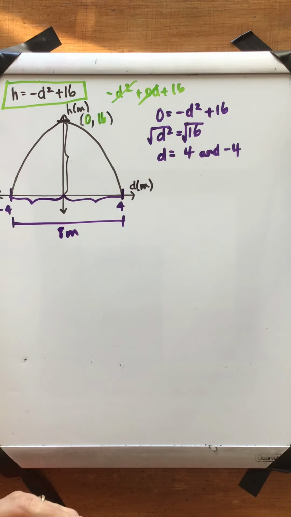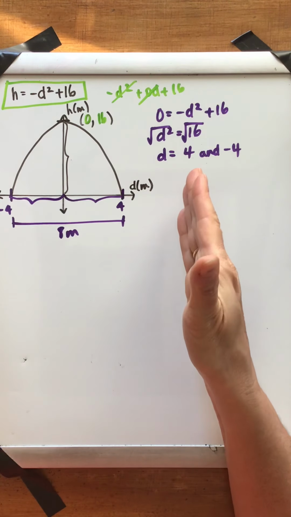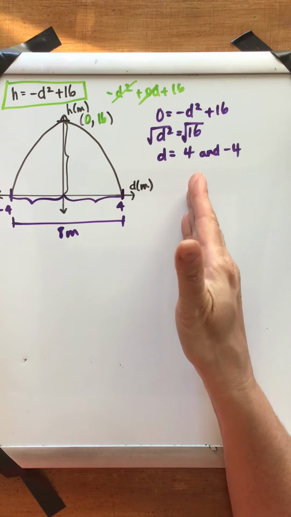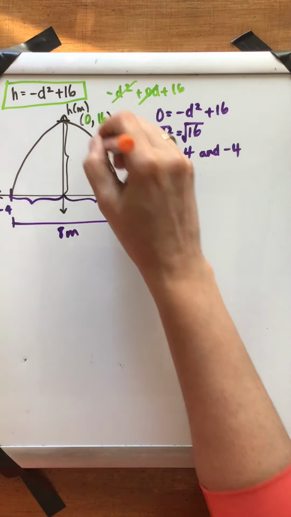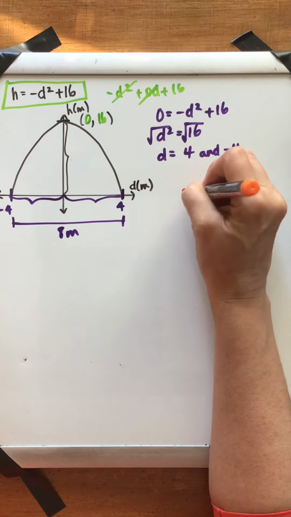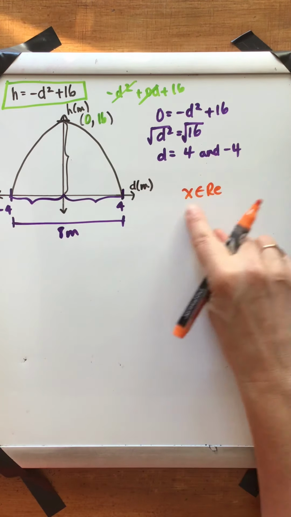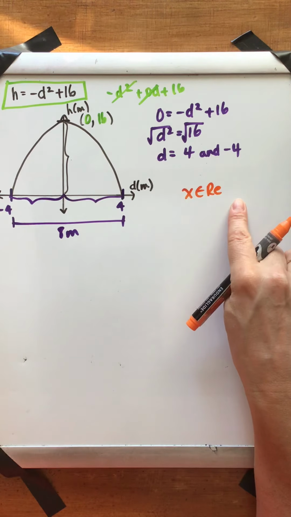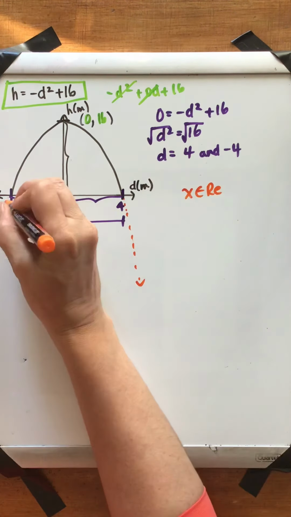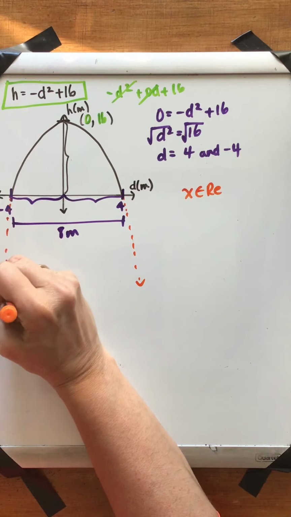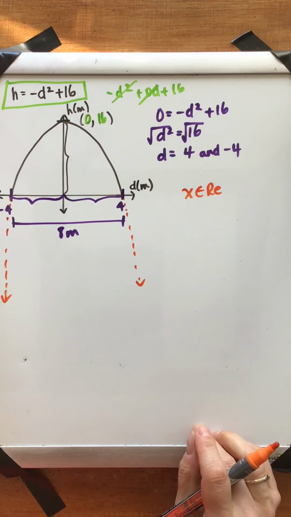What range of values can d be? In other words, are there any values of d that cannot be included in this parabola? Now, we're used to talking about the values that x can have for a parabola as being the set of real numbers. It can be anything. And that is true if we're talking about the parabola going on and on forever. But we are only building a section of this parabola.